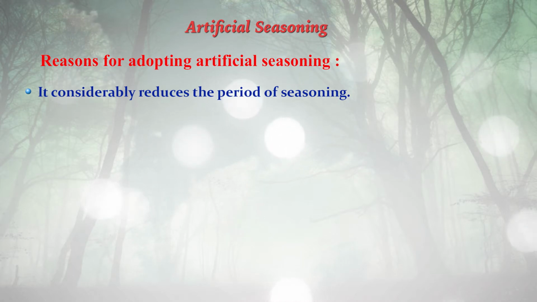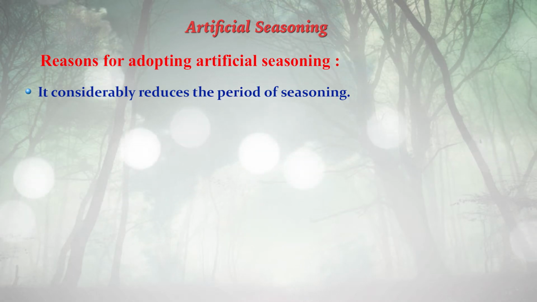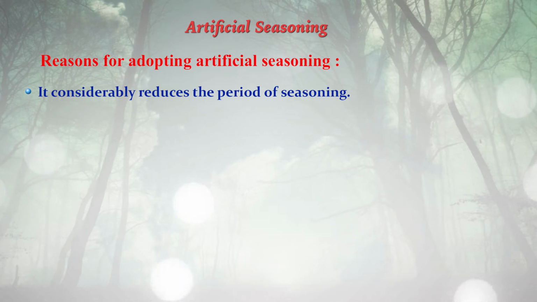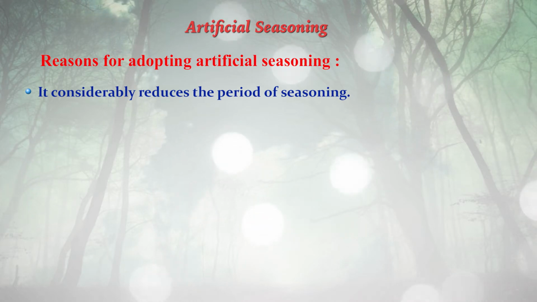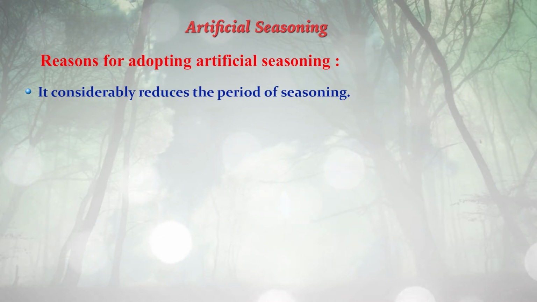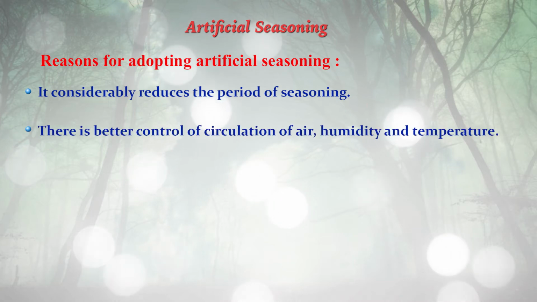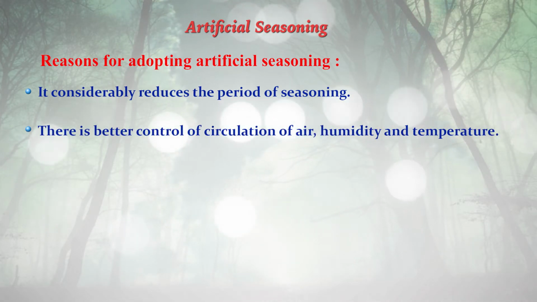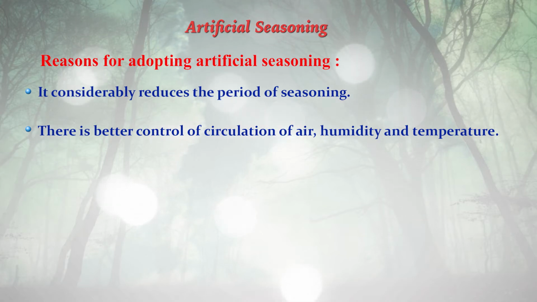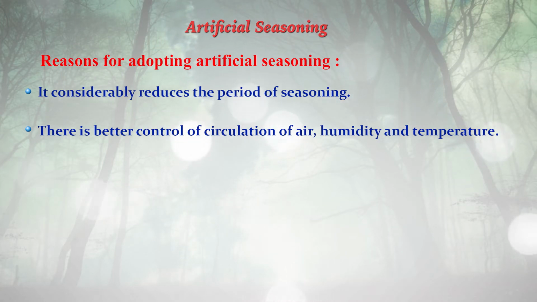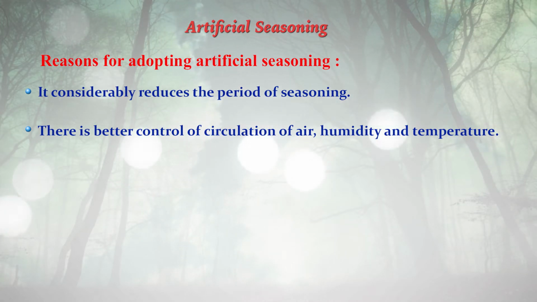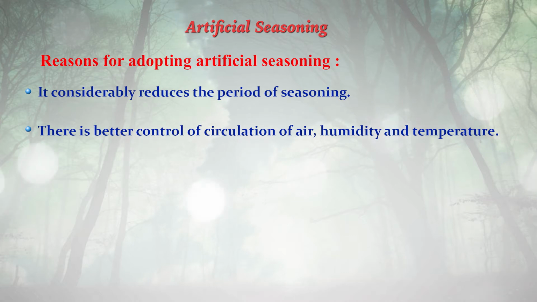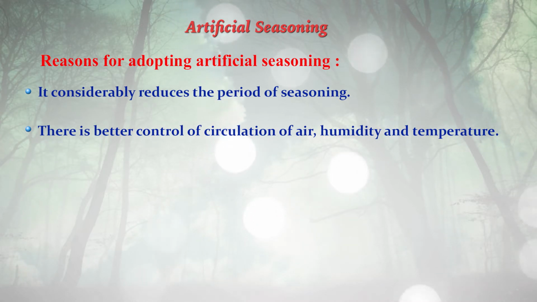As you know that natural seasoning is very slow and it takes a lot of time, but here the time is small and it is reduced considerably. There is better control of circulation of air, humidity and temperature. So in artificial seasoning we can control the circulation of air as well as its humidity and the temperature also.